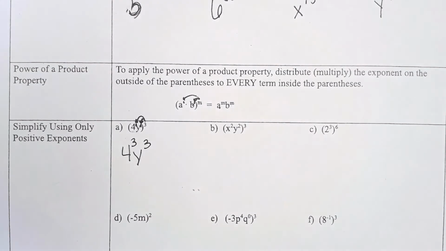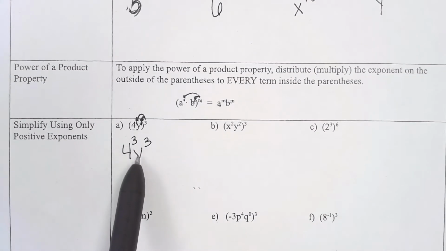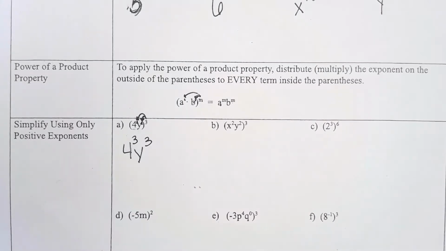So 4y all to the 3rd power is 4 to the 3rd, y to the 3rd. The distributive property with exponents only distributes to your exponents. You're not distributing to your coefficients or bases like we're used to when solving equations.